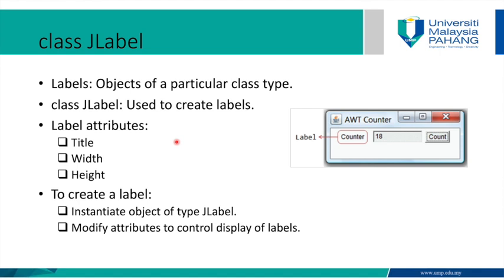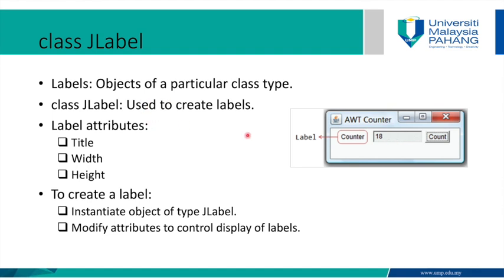Now moving on to the label. How can we use a label? What is a label actually? A label is an object of a particular class type. For example, here, the word counter is the label for this specific text field.